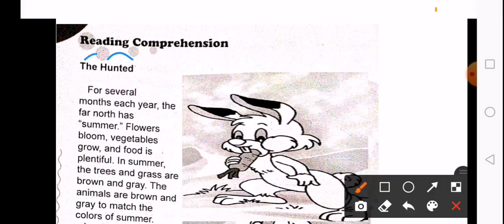The far north has summer, flowers bloom, vegetables grow, and food is plentiful. In summer, the trees and grass are brown and gray. The animals are brown and gray to match the colors of summer.